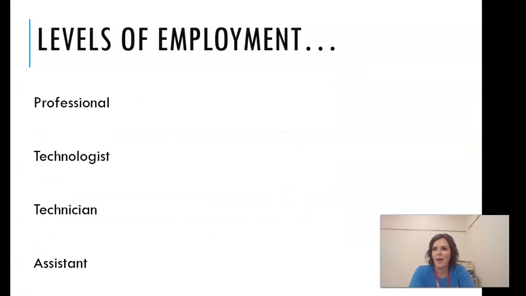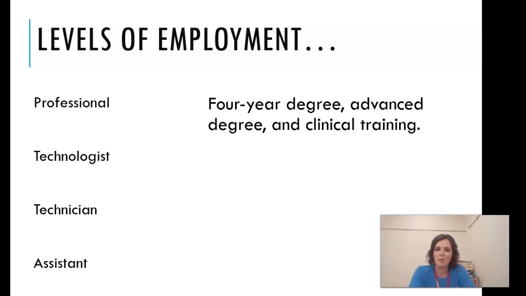Okay, so we also have different levels of employment, all the way from, and I don't think you guys can see the aide part, but that's on the bottom of your note page there. And we're going to see a little bit more about these. So starting off at the very top, a medical professional is anybody with a 4-year degree, an advanced degree, or clinical training.